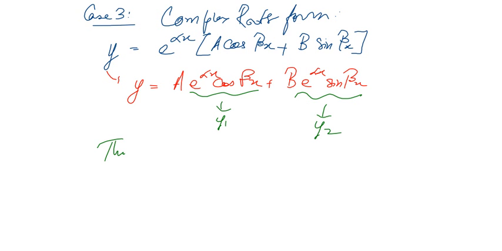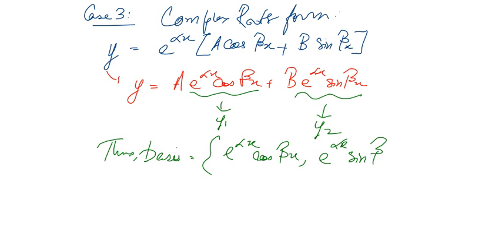Thus, the basis of it is e to the alpha x cos beta x, and e to the alpha x sine beta x. So these are the two, the basis of the complex roots, right?